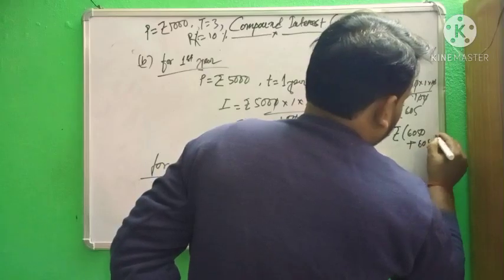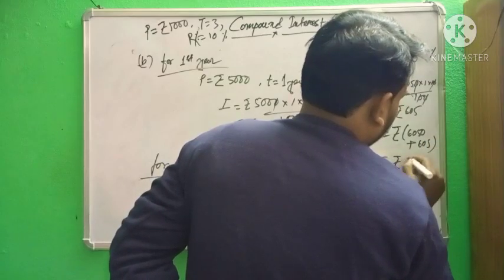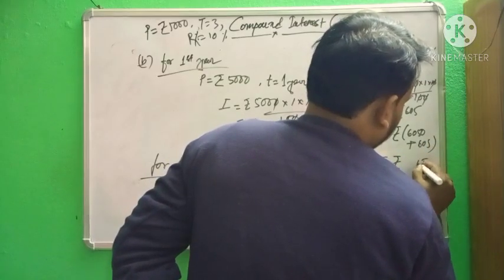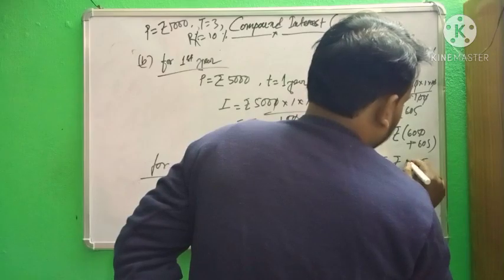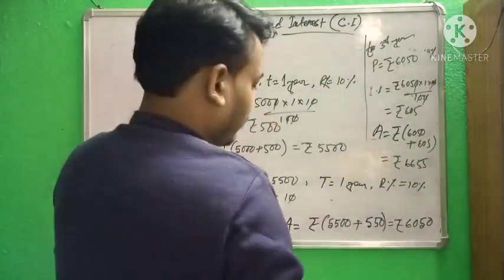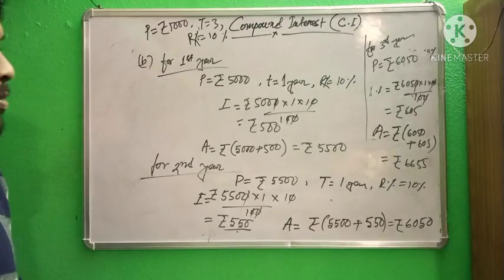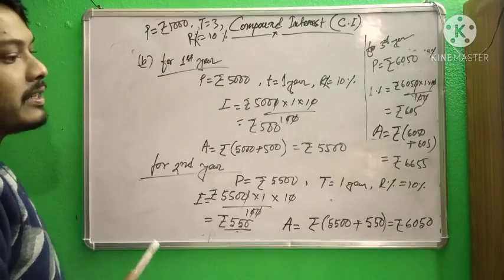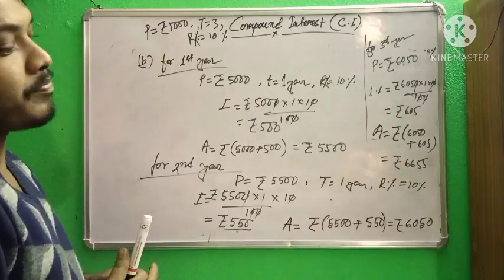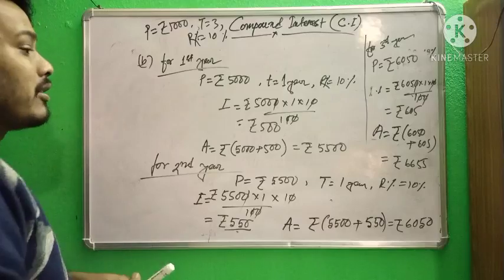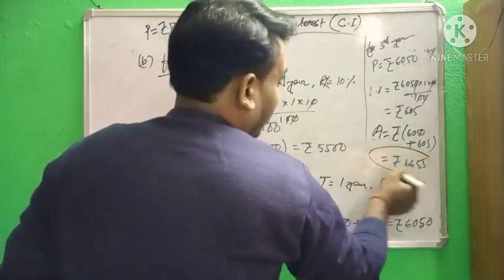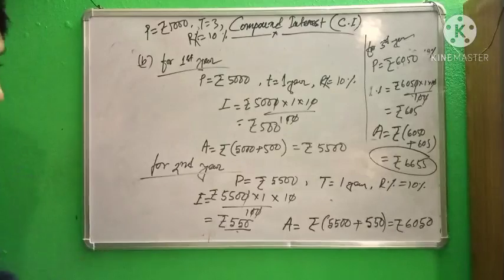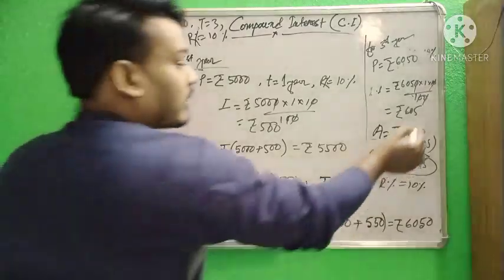So what is the amount? 6655. This is the total amount. So in case of CI, the amount is more, and the interest is also more.